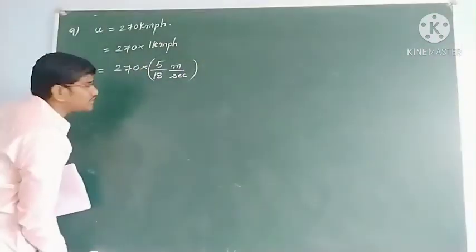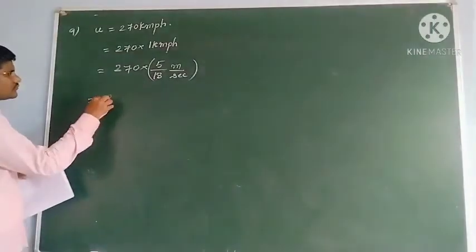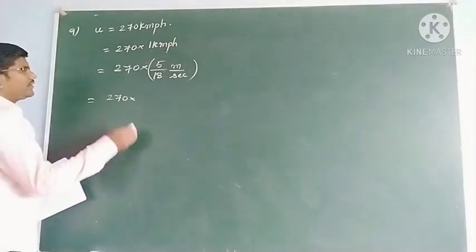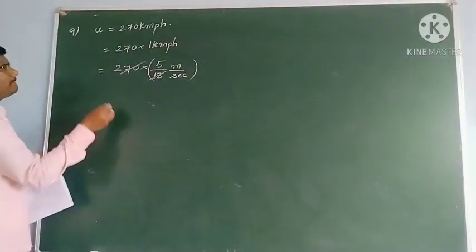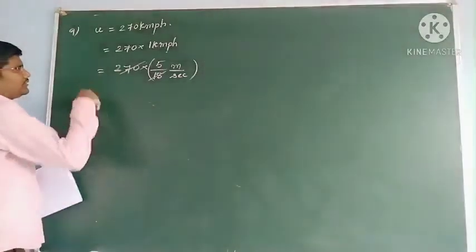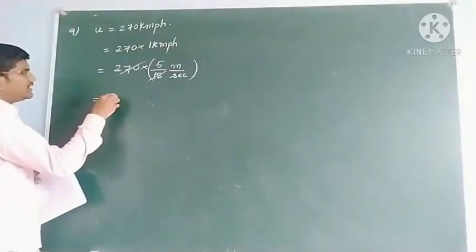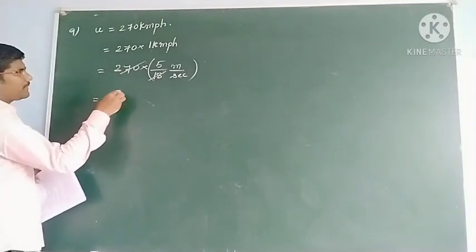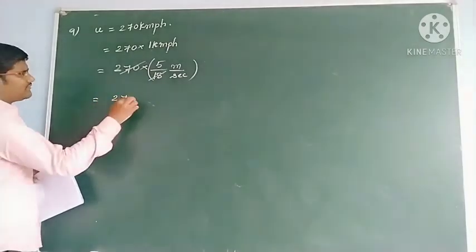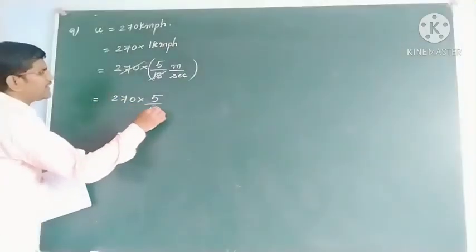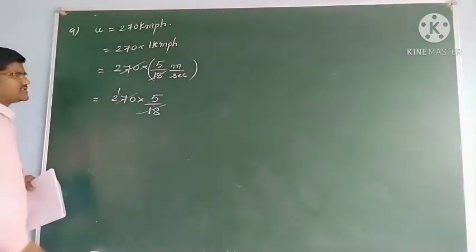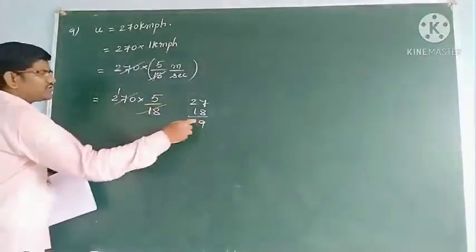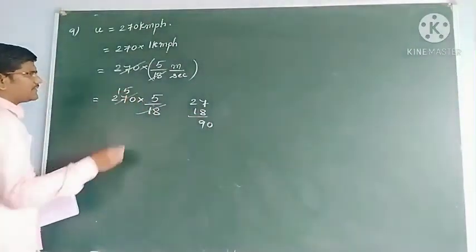Okay, then what will you write? You see, 270 into 5 by 18. 18 ones are 18, so 27 minus 18, 9 is left, and 0 is also there, 90, then 18 5s are 90.